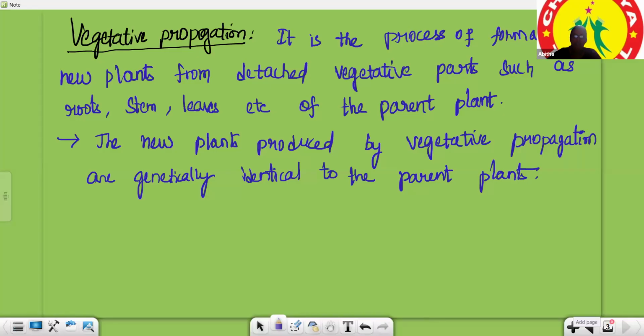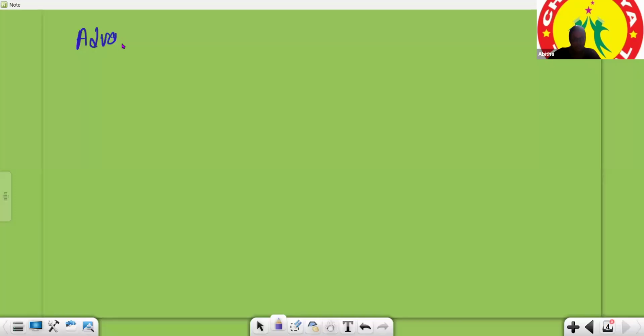Next, we will see advantages of vegetative propagation. What are the advantages?